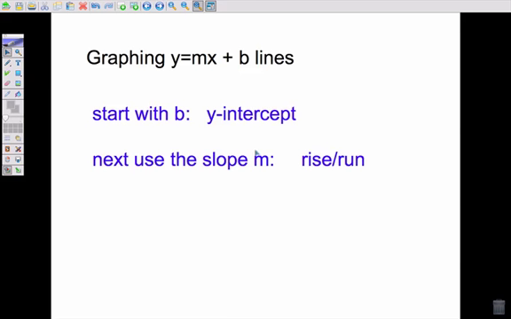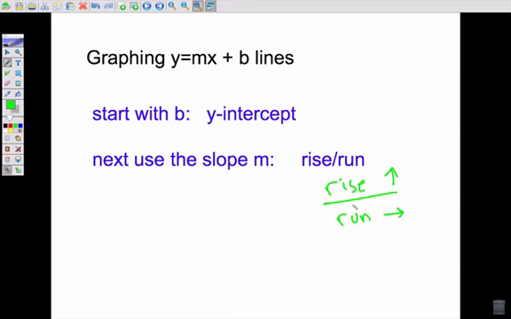The next point that you'll make uses the slope. This m, the coefficient on x, whatever comes in front of x, that's the slope. The slope is made up of the rise over the run. If you've made your first point, the rise is how much you're going to go up, and the run is how much you're going to go to the right.